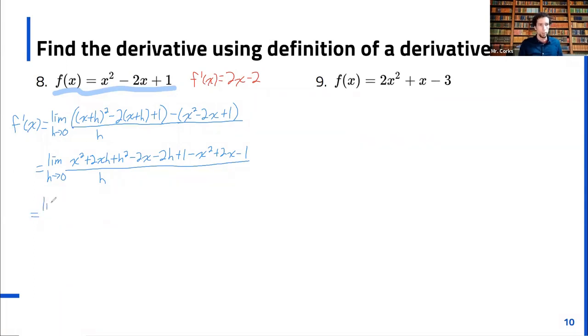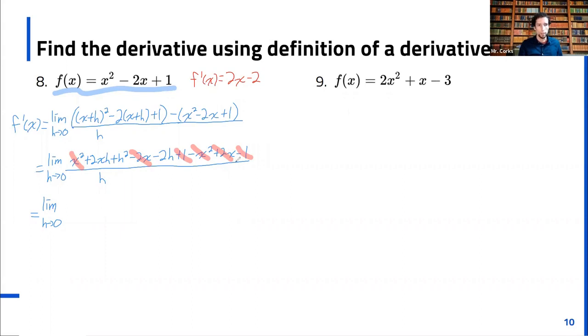All right, so we need to simplify. Tell me some things that you notice that are going to cancel out. x squared and negative x squared. What else? Negative 2x and the positive 2x, and the plus 1 and minus 1. Okay.